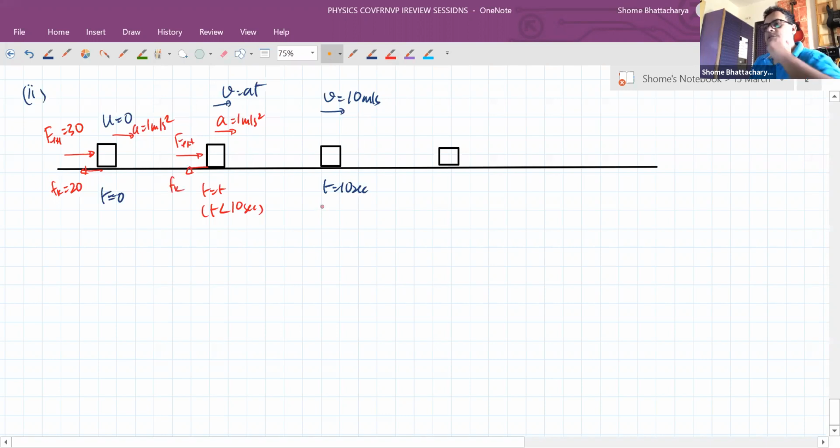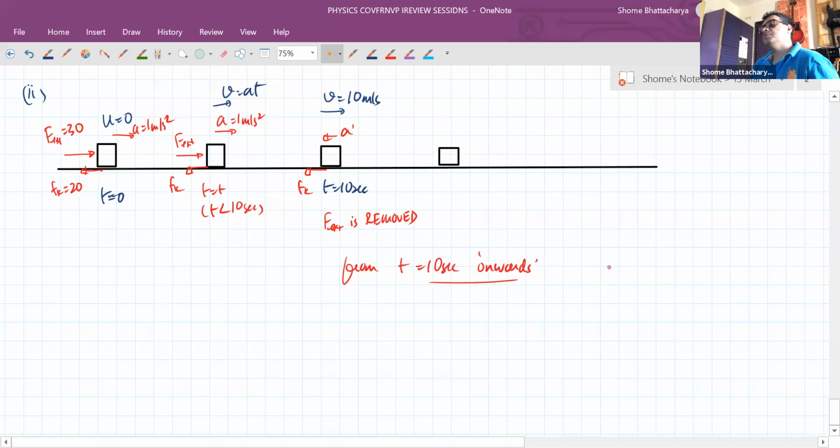Okay. So at this point of time, the external force is removed, but the block is slipping. So kinetic friction continues to act. So you can see it starts decelerating. From t equal to 10 seconds onwards, the block is decelerating because of kinetic friction.